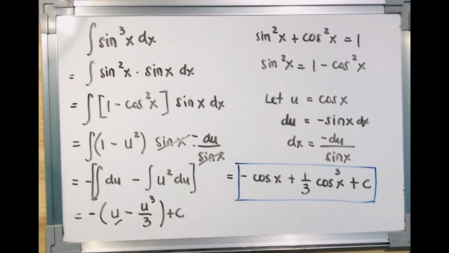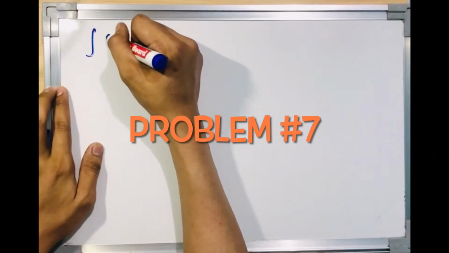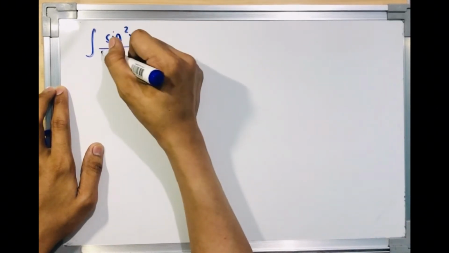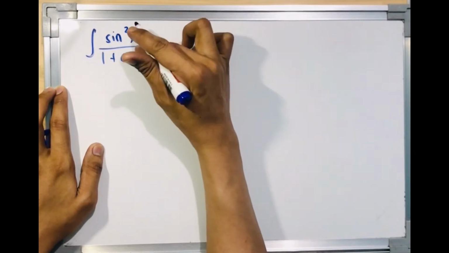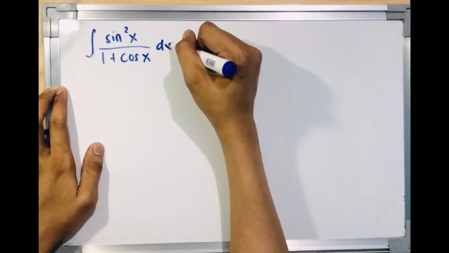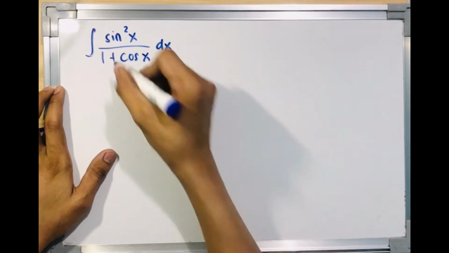Alright, let's proceed to our next problem. Our next problem is the integral of sine squared of x over 1 plus cosine of x, and then don't forget the dx. So, ang gagamitin na lang natin dito is yung identity.